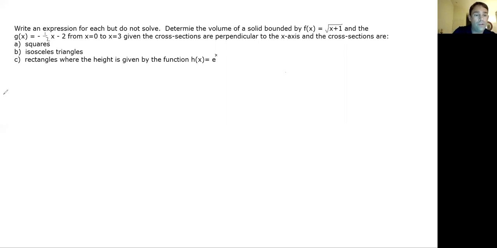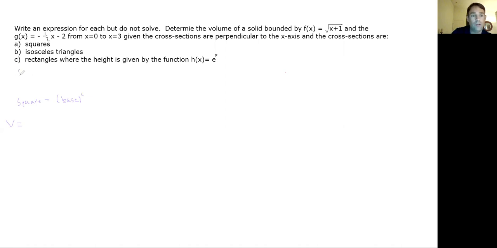If we're dealing with squares, the area of a square, we've already said, is whatever the side length, in this case base, so it's the base squared. So if I'm dealing with volume where the cross sections are squares, it's going to be my bigger function minus my smaller function. Now, friends, I got to figure out what the bigger function is.